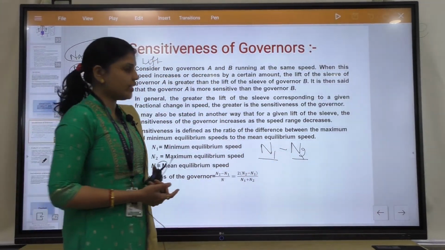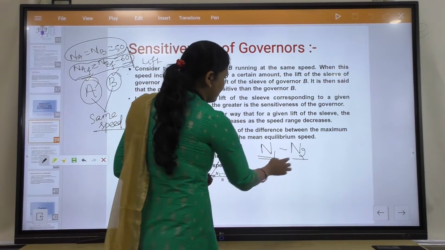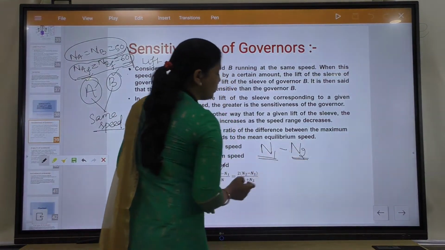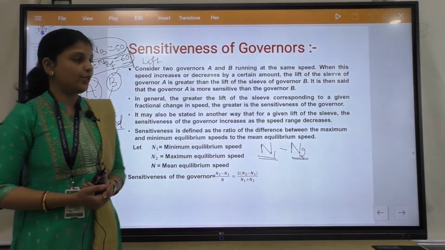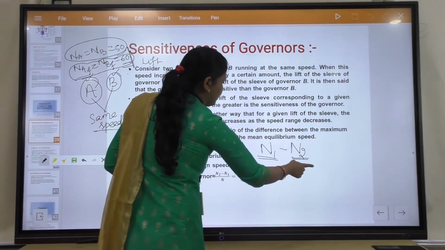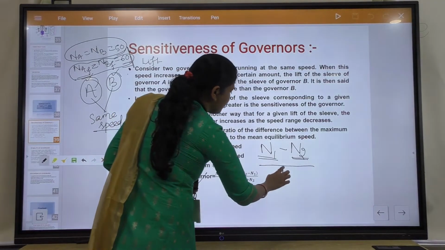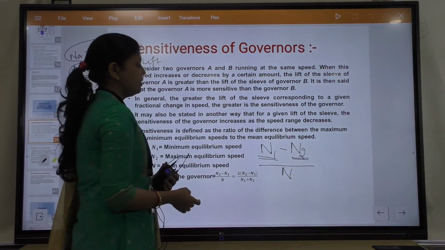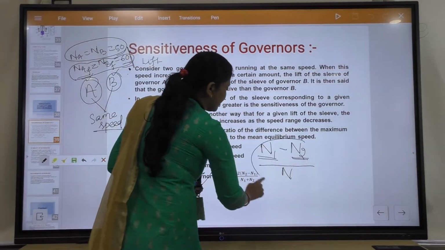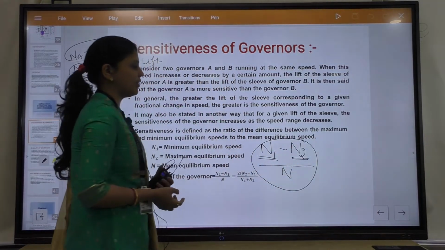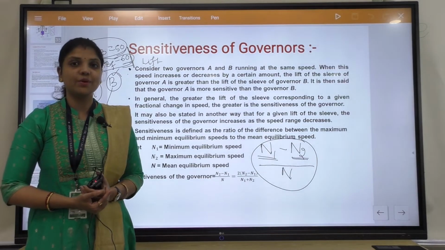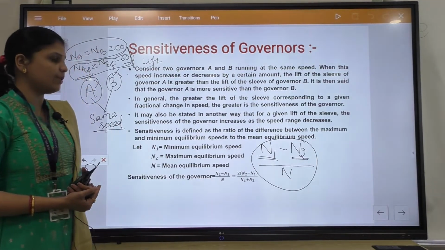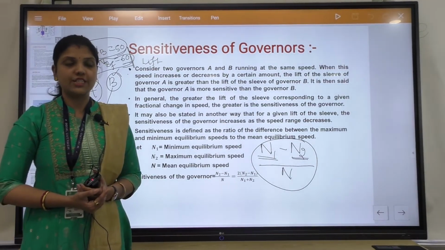So, fluctuation is the difference between N1 and N2, and the ratio of this to the mean speed is the mathematical expression for the sensitivity of governor.